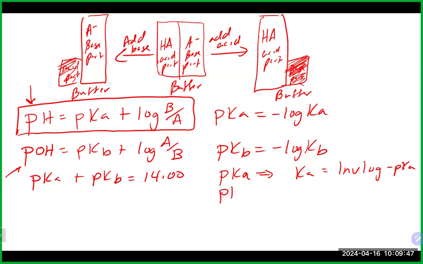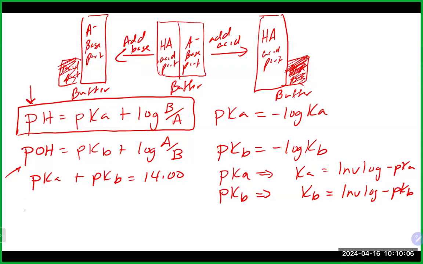And if you have the pKb and want the Kb value, that's the inverse log of the negative pKb. So I could also get the Ka and Kb values if you have the pKa or pKb values given to you, very similar to those calculations.